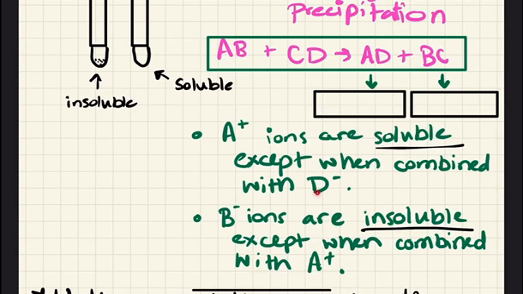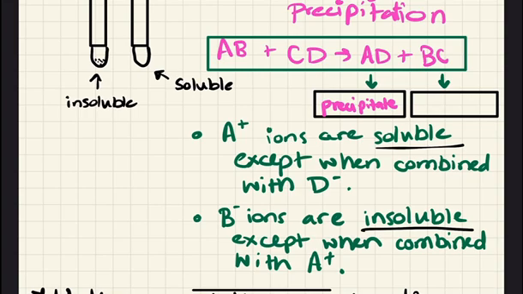So it's not soluble when it's combined with D. So that means that AD will form a precipitate because it is insoluble. So we will see solid appear. That may be cloudy, that may be physical particles falling to the bottom of the test tube, but that solubility rule leads us to that conclusion.